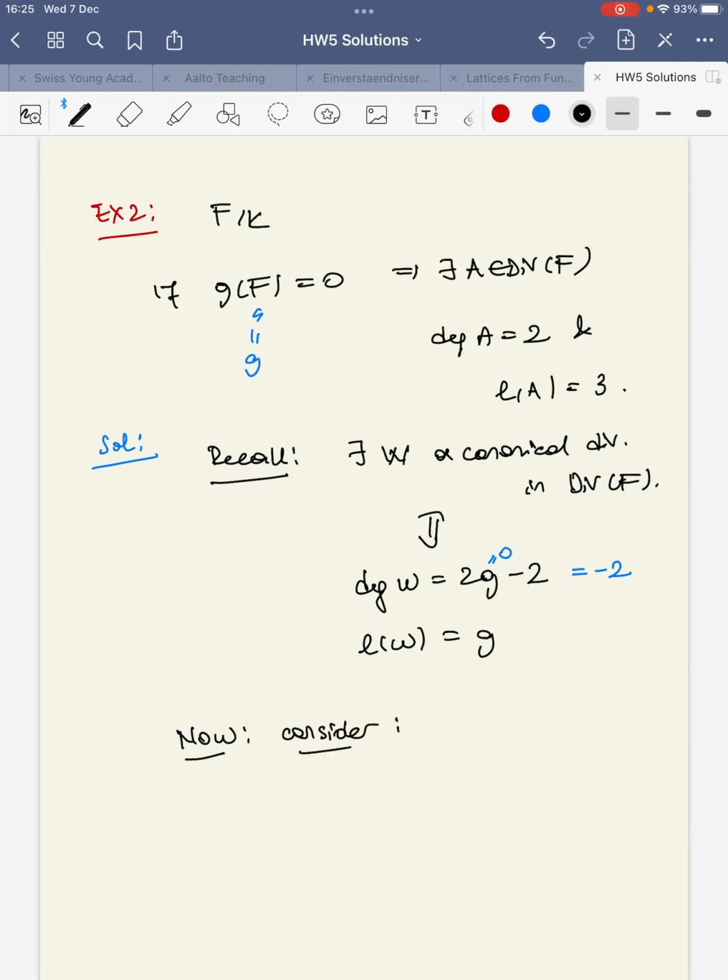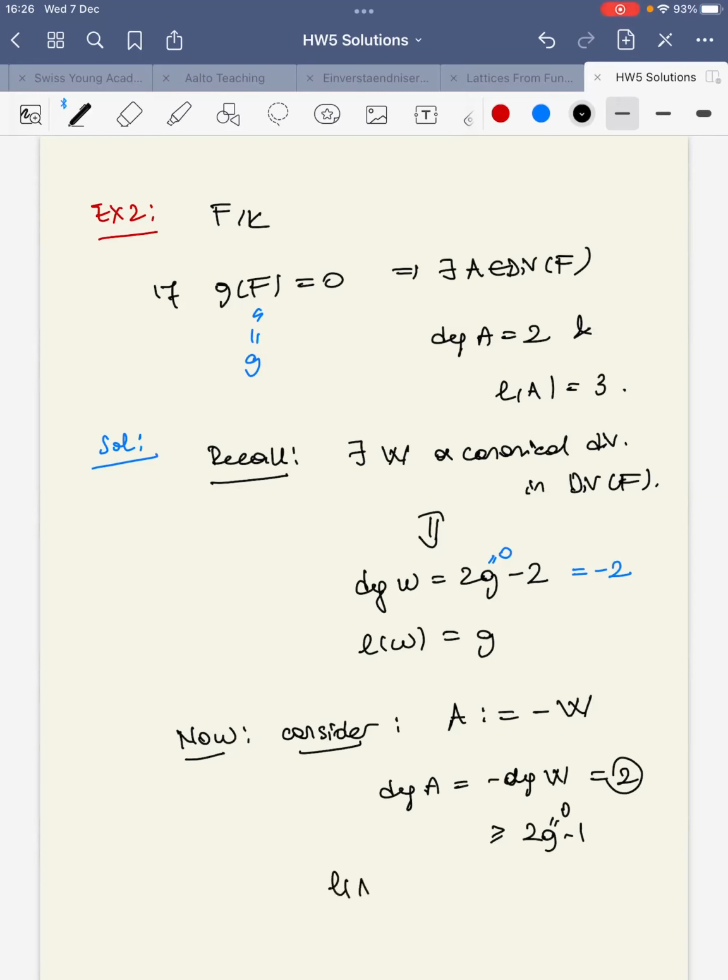And now let me set a divisor A as minus omega. In this case, the degree is going to be minus the degree of omega, which is exactly 2. And this degree is bigger than or equal to 2g minus 1, since the genus is given as 0.